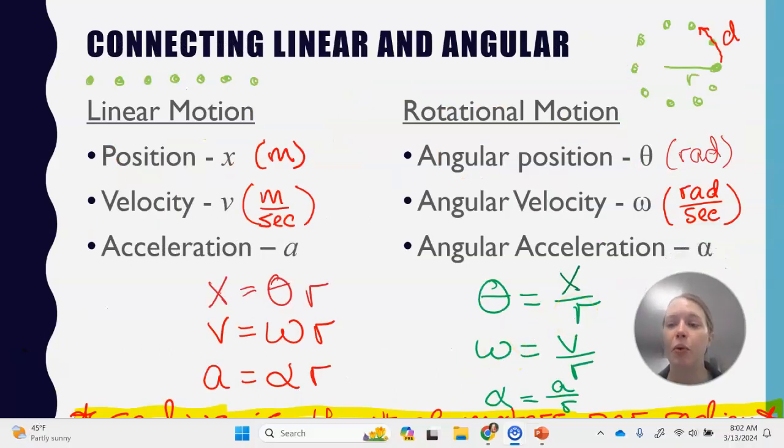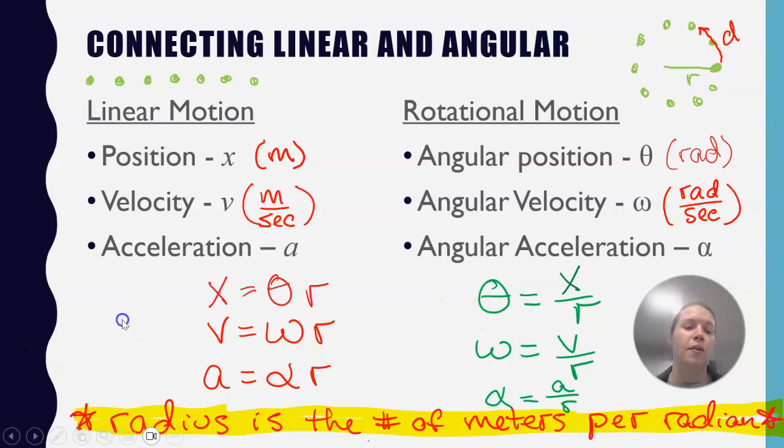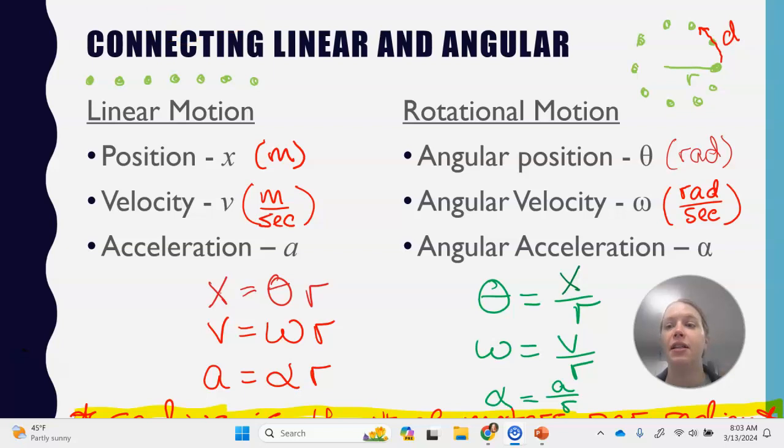So linear and angular motion are very similar, or rotational motion. In linear motion, if we moved with a constant velocity, we would have a dot diagram that looked like this. And with rotational motion, if we move at a constant velocity in a circle, we'd have a dot diagram like this.